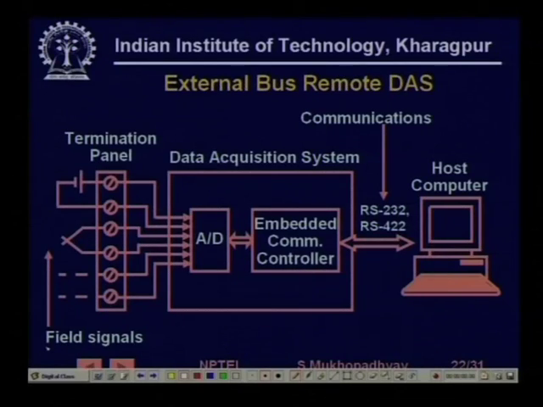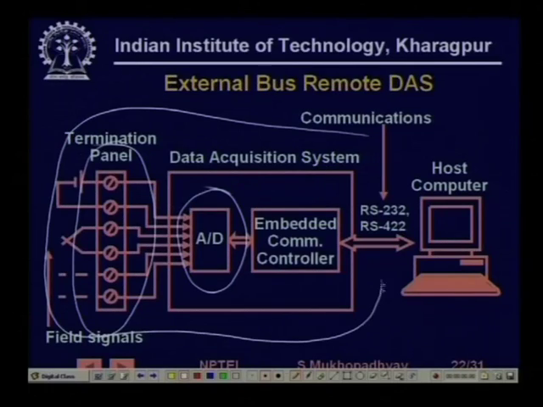So, you see here all the analog signals are getting terminated. Let us assume that it is signal conditioned; if it is not, then it will be conditioned. Then the ADC conversion, we have seen what that is. Now these physical boxes are situated at a separate place.